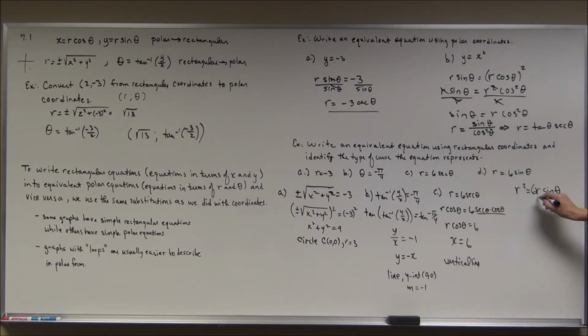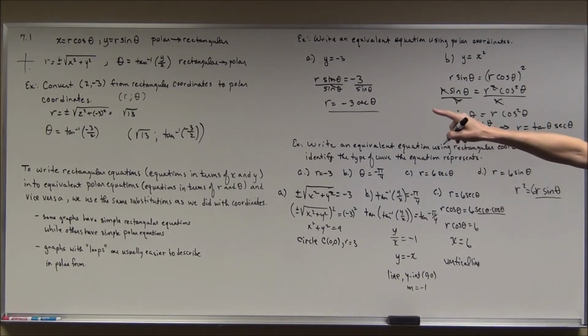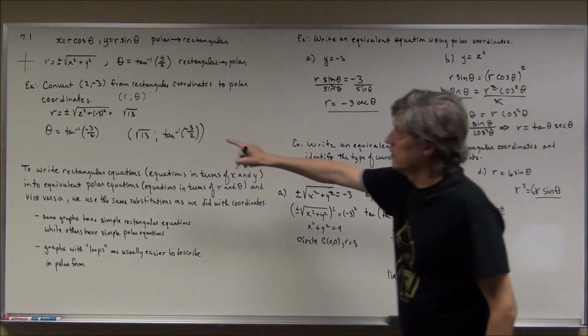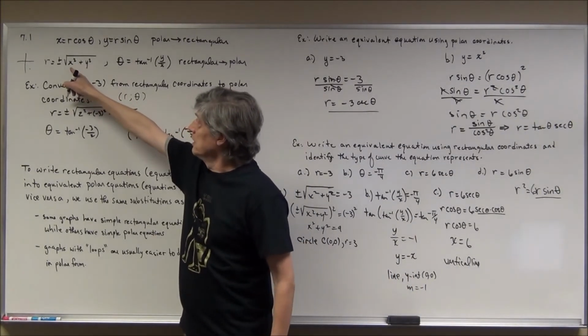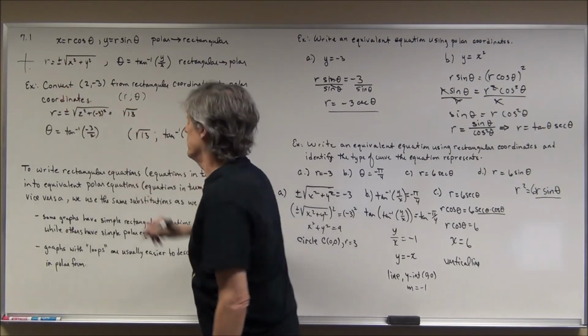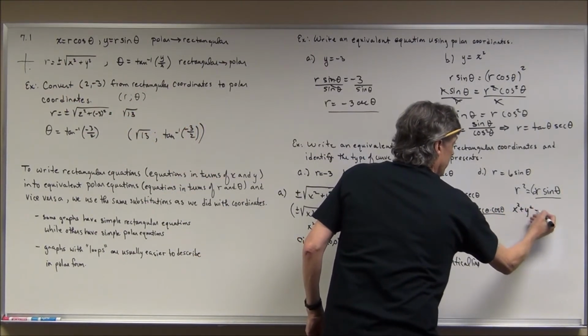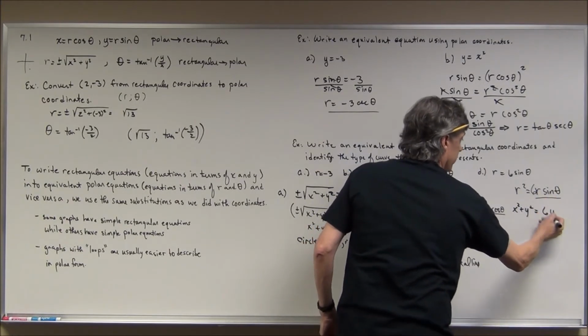Okay, the reason I do that is because I know what this is. R sine theta is the y. And R squared would get rid of the radical. So R squared is x squared plus y squared, and this would be 6 times y.